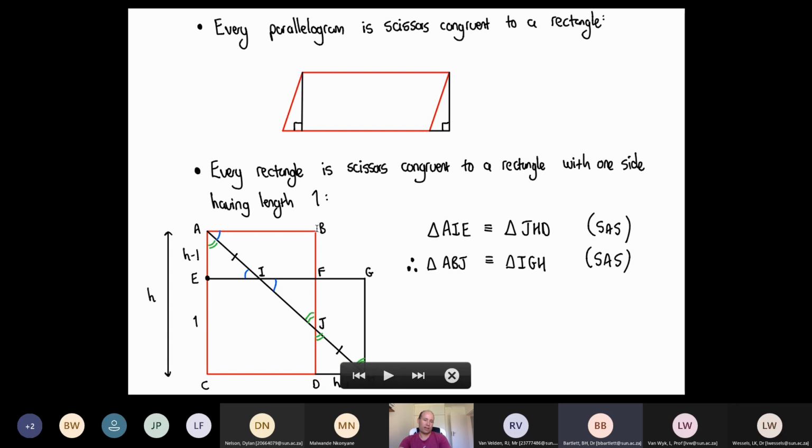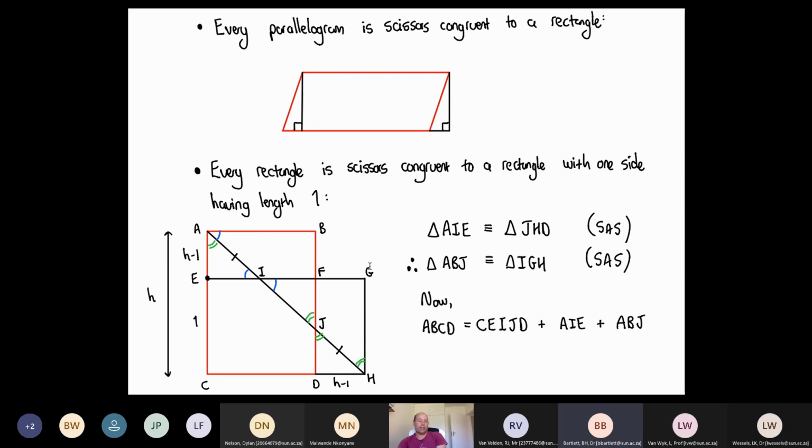Because they have this length IJ in common, and then they have AI, which is equal to J to the bottom vertex here. So that gives you a side that they have in common, and then they have two angles in common.